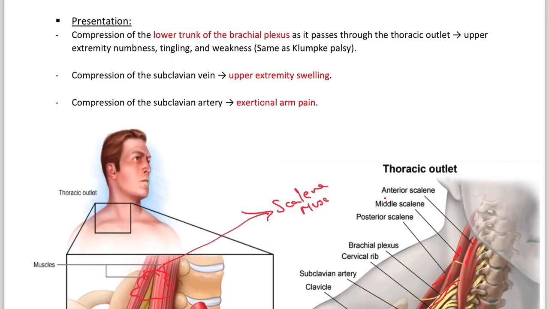First aid alert: if any patient has arm swelling or weak pulses, then we have to urgently refer for vascular compression. Because of that compression of the subclavian vein and subclavian artery, it can lead to swelling, stinging sensation, weakness, and numbness of the extremities. We can see all of this in thoracic outlet syndrome.